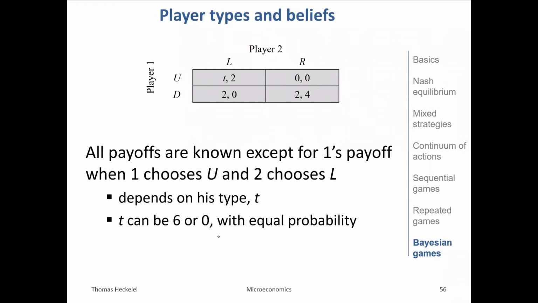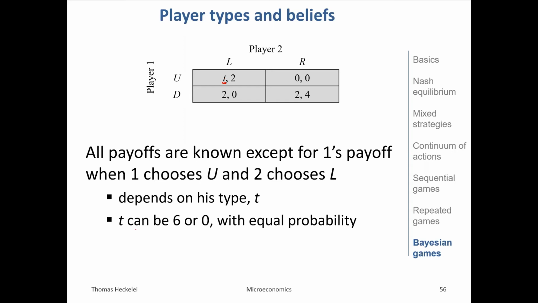This is again the normal form of this game, now with the payoff of the first player replaced by his type T. Normally, the payoff will be a function of T. In many complex games, it could be a more complicated function of T, not just T itself, but here we will focus on the simplest version of the game. Also, all other payoffs stay the same for both types.